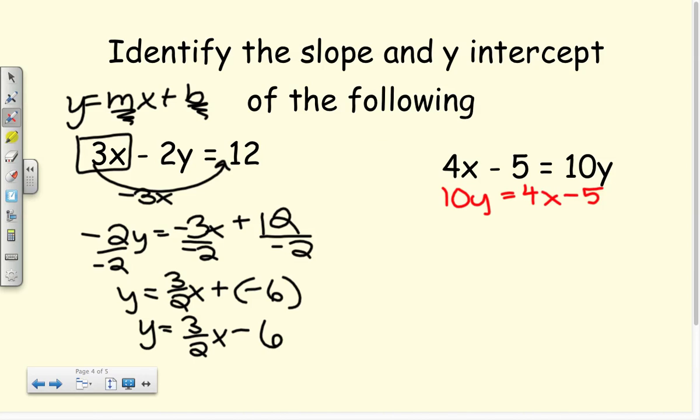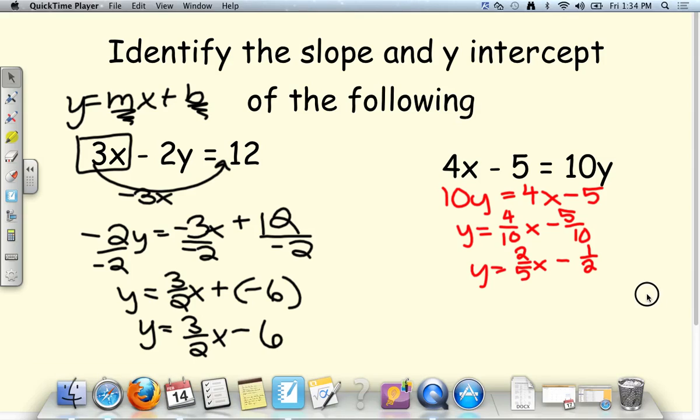Divide through by 10, y equals 4/10 x minus 5 over 10. y equals 2/5 x minus a half. And I'm done. My y-intercept is negative 1/2, and my slope is 2/5.